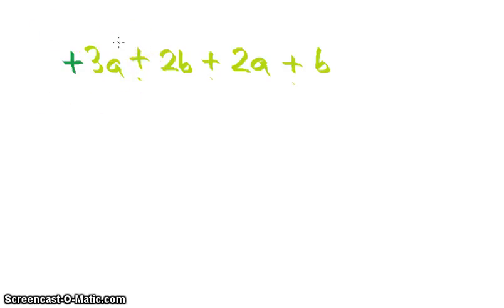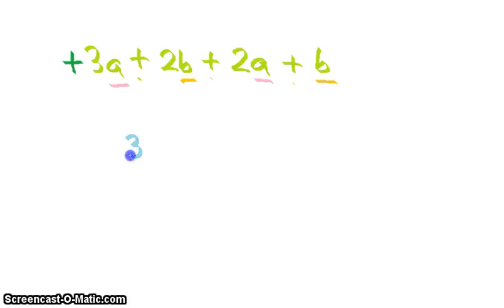But I will show you one way, which is the vertical way. We have 3a. We identify the alphabets: we have a here and a here, we have b here and b here. So we can rewrite everything down so that we can add or subtract the values.